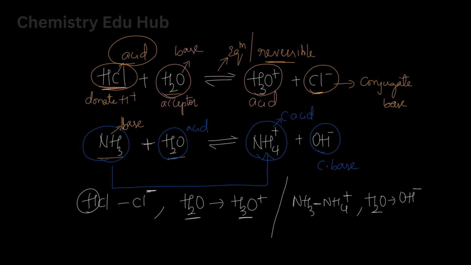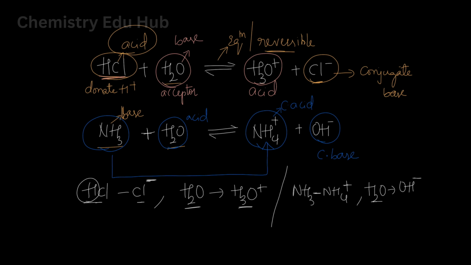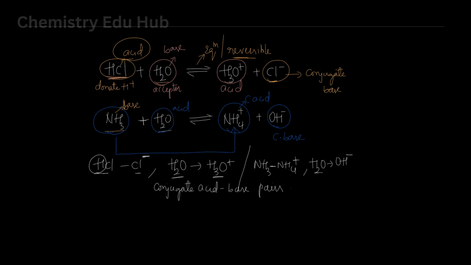Such a pair of acid and base which differs only by one proton is called a conjugate acid-base pair. What are they called? Conjugate acid and base pairs. So simply, acid minus a proton will give you its conjugate base, and base plus a proton will give you a conjugate acid.